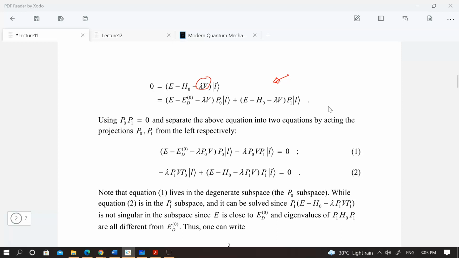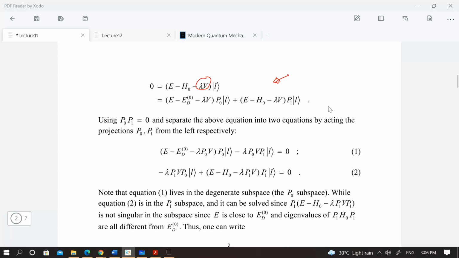And what we did was to project this into two subspaces, one which is the degenerate subspace, and the other, P1, is essentially the space of states which is not the degenerate subspace. We can project this equation to two individual equations for the respective subspaces in this way.